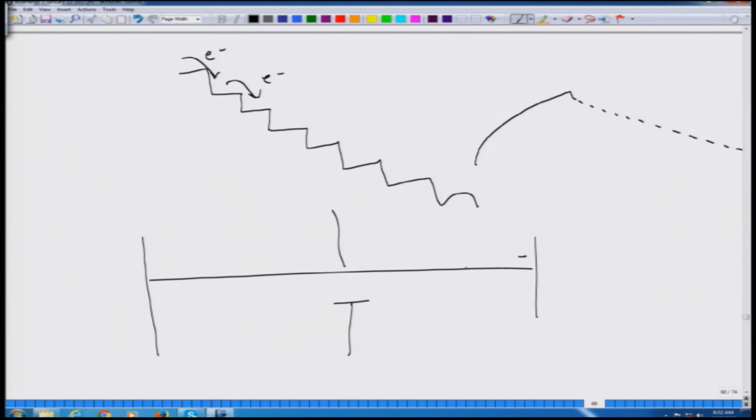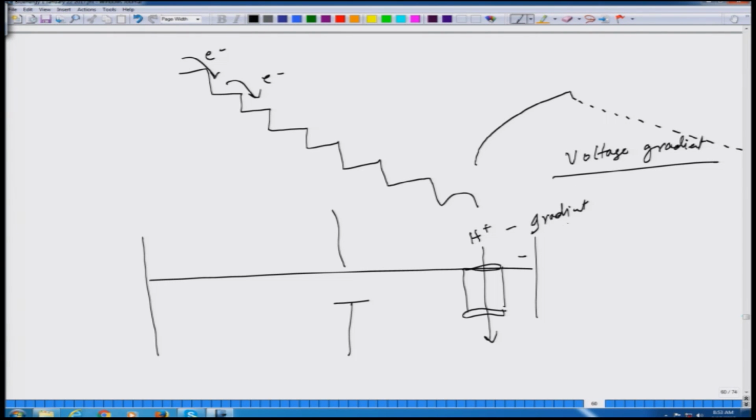Simultaneously, this polarity helps to funnel the protons across in a gradient, because you are maintaining a voltage gradient across the membrane by allowing the electron to move slowly, and this helps to maintain a proton gradient, which essentially leads to the formation of the ATP molecule.